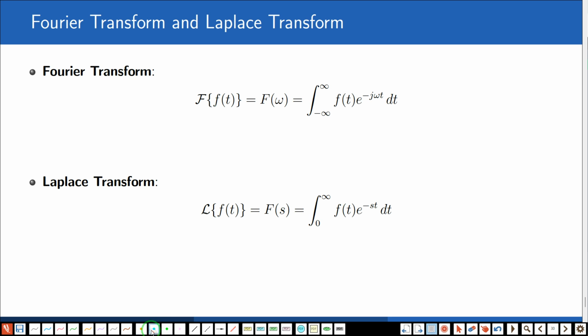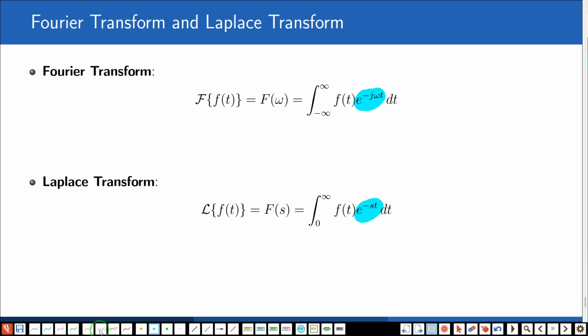Here we have this function, and at each frequency omega we measure the similarity between the original function in the time domain and that kernel function. We call this a kernel function.